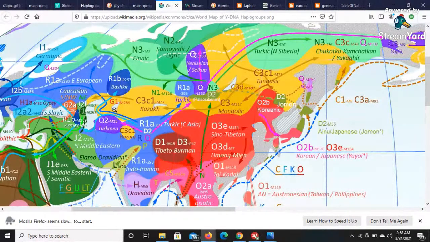The Q here and R. Of course, these are the steppes. You can go from here to here, basically, following the steppes, which is a grassland on horseback. In like 1 year, you can go from here to here, apparently, on a horse.